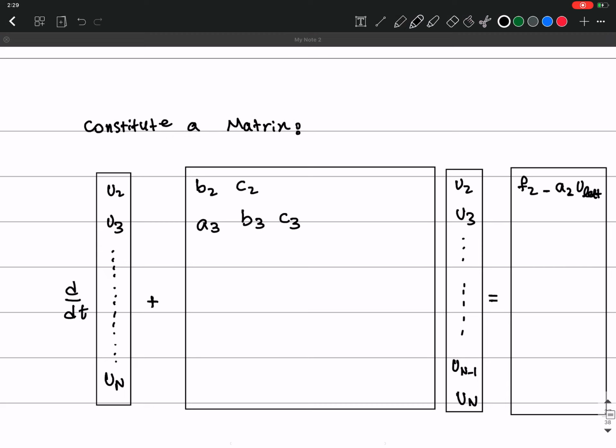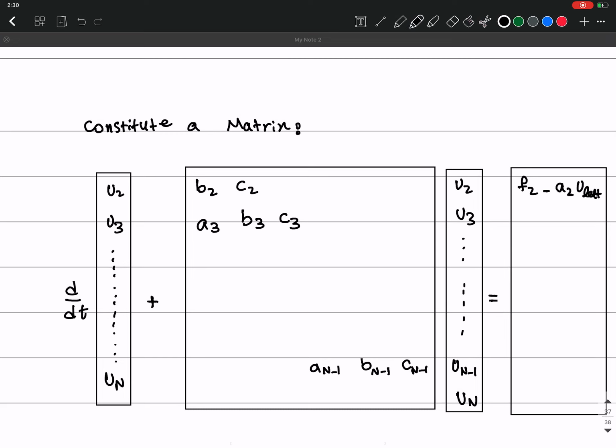And we will have the same thing until un. So for un, I'm going to have cn minus 1 here, bn minus 1 here, and an minus 1 here.